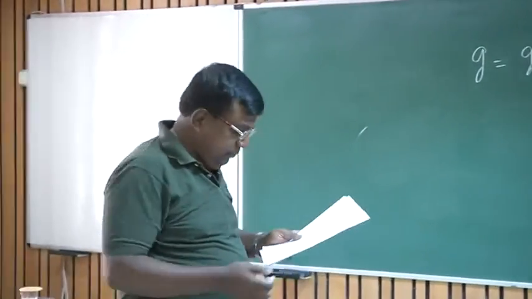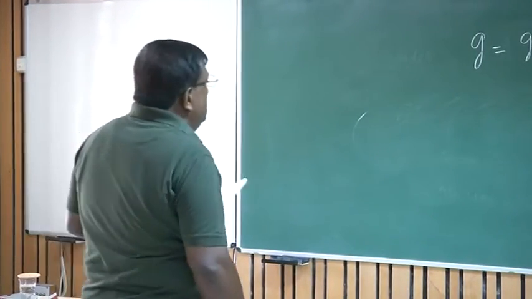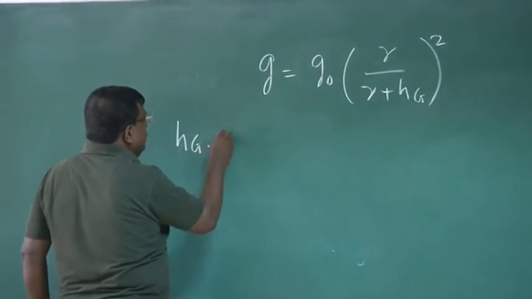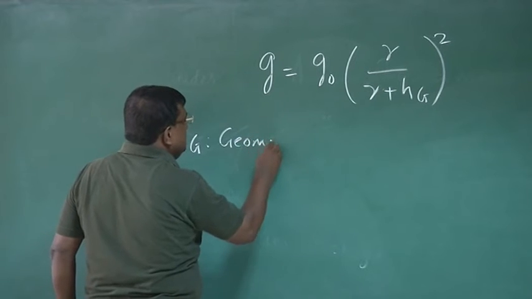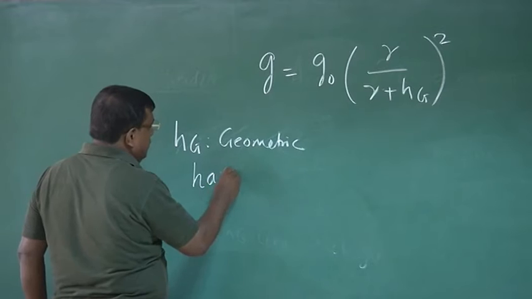So that's not a problem. So we have defined two altitudes. One is hg, which is geometric. Another is HA, which is absolute.